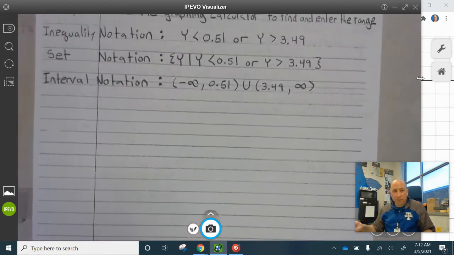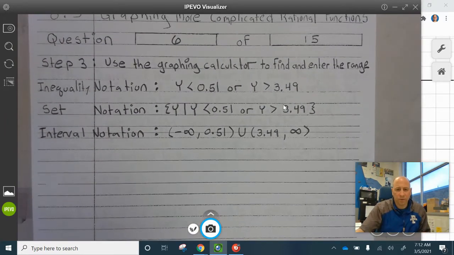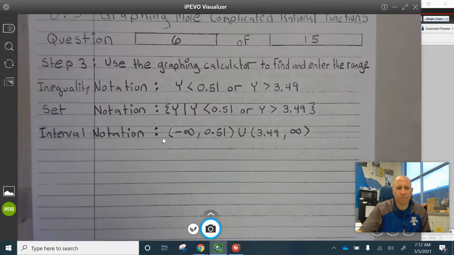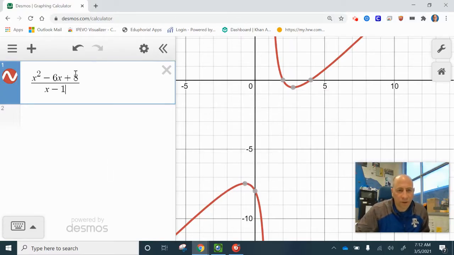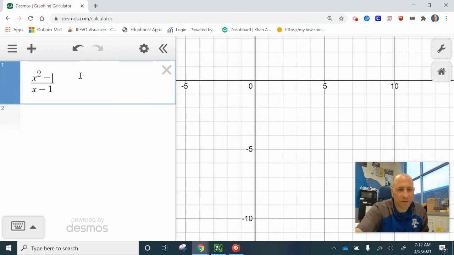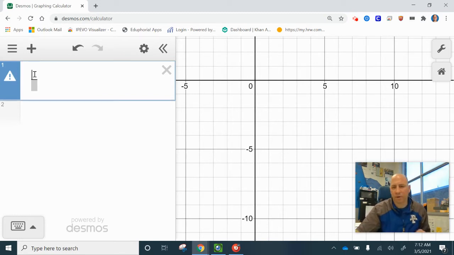So again, to find these values, we're going to go to Desmos. To save myself time, I can just delete the numerator, delete the denominator, and then graph this.